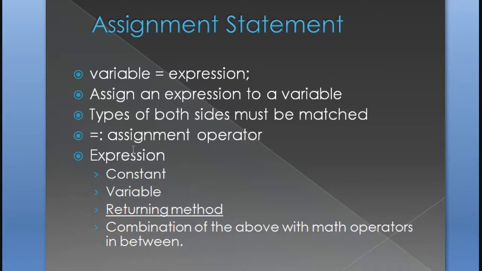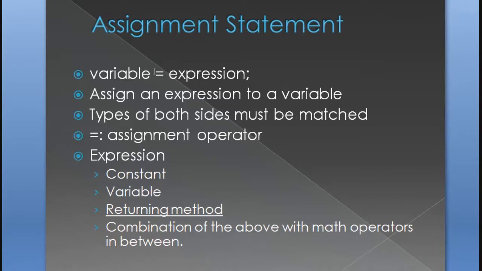And the types on both sides of the equals have to be matched. Like you can't say int x is equal to true or int x is equal to 33.2. Since true is a Boolean value and 33.2 is a double value, it can't be stored in an integer. So both types have to be matched.